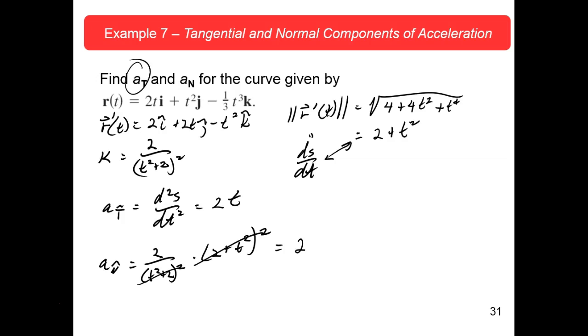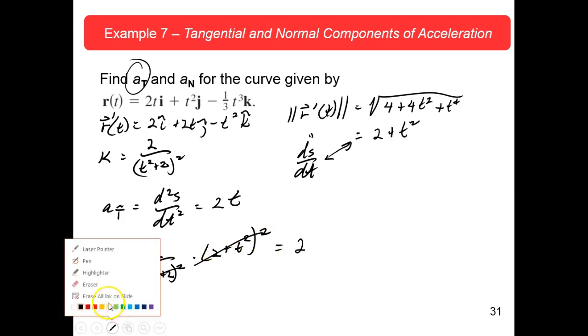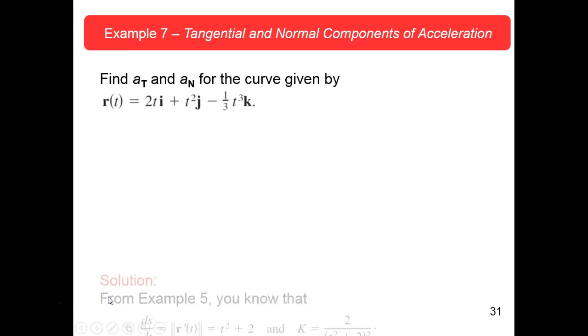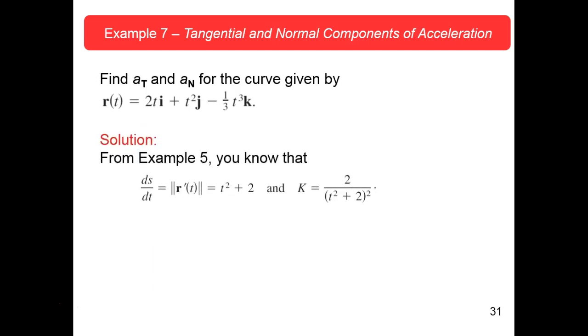All right. Now I think we're out of time, aren't we? Yep. Sorry about that. Let's quickly see how they did it, because I talked too long on that. Okay. From example 5, we knew that the magnitude of r prime of t was ds dt, and that was t squared plus 2, and the kappa, or k, curvature is 2 over that.